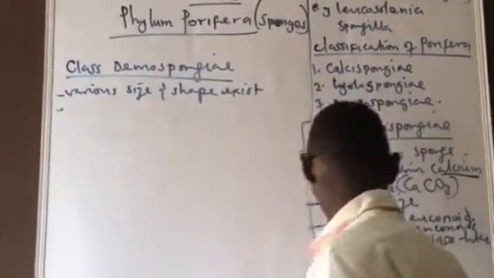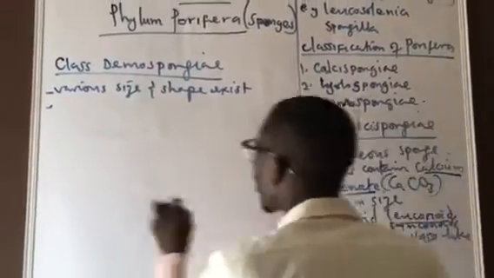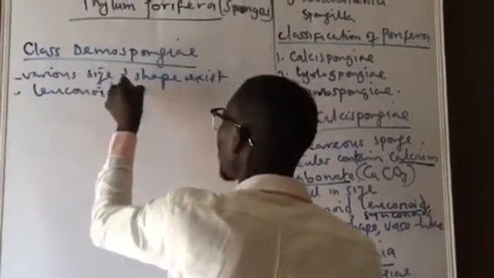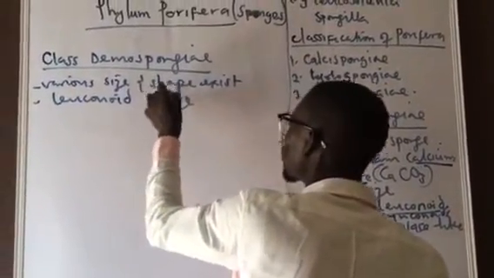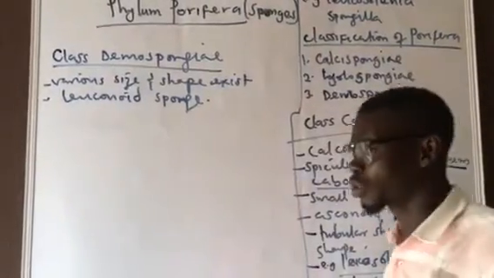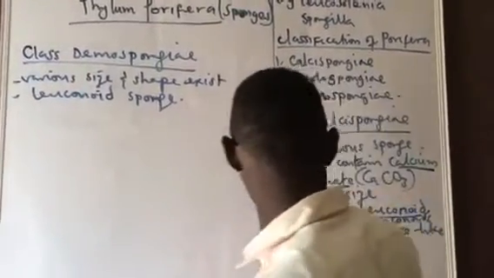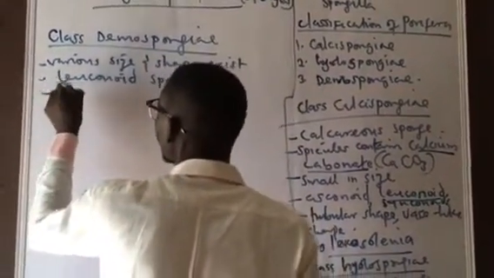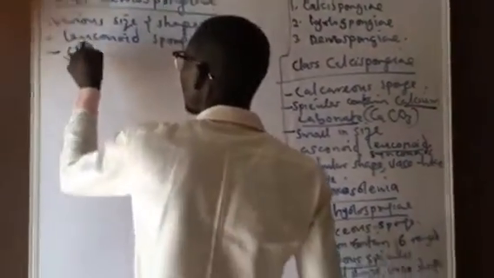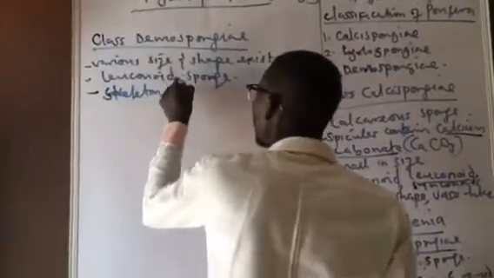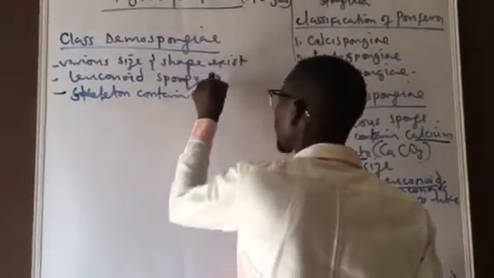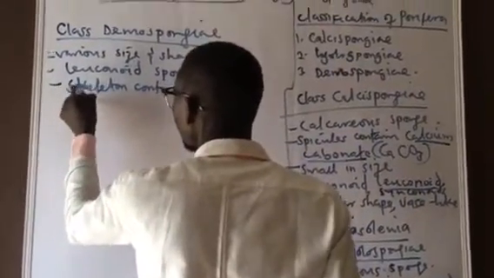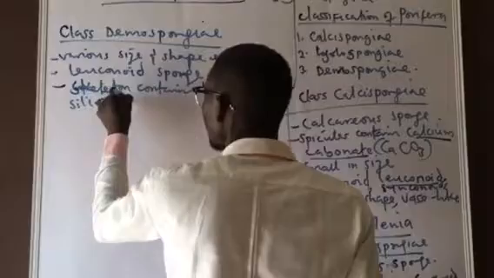Another characteristic is that they are majorly leuconoid forms. And they also contain 1 to 4 ray siliceous spicules. That is the skeleton. The skeleton contains 1 to 4 ray siliceous spicules.